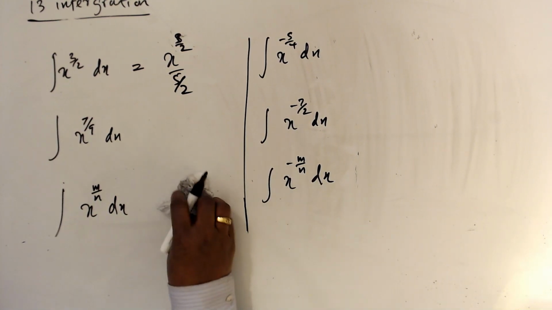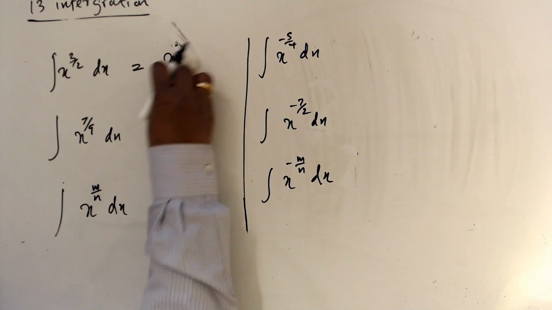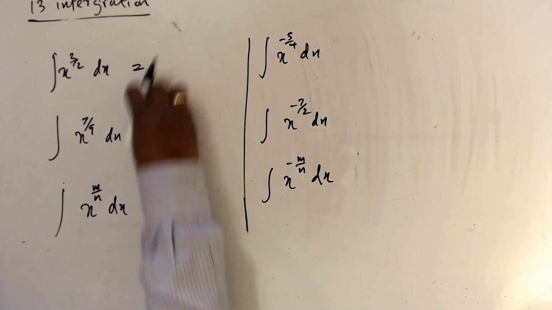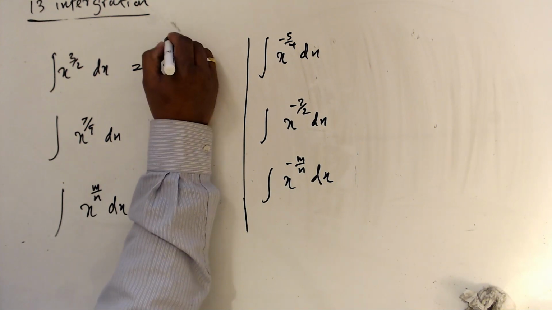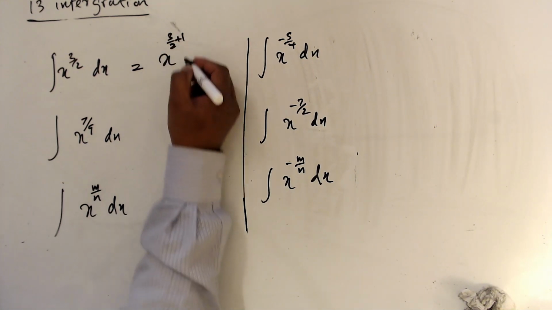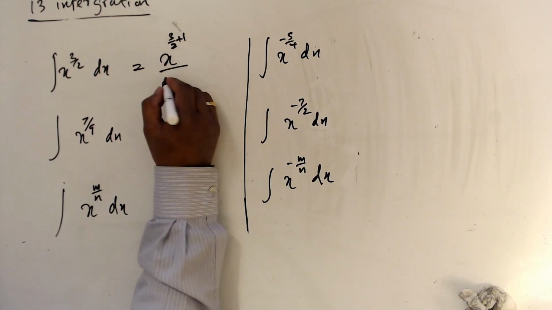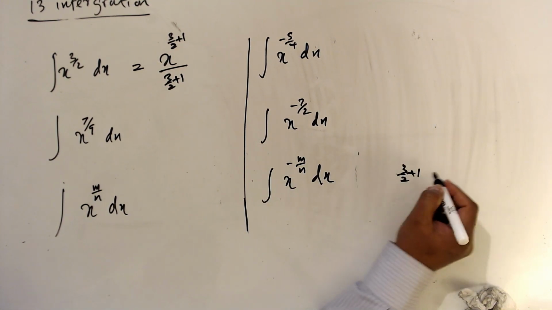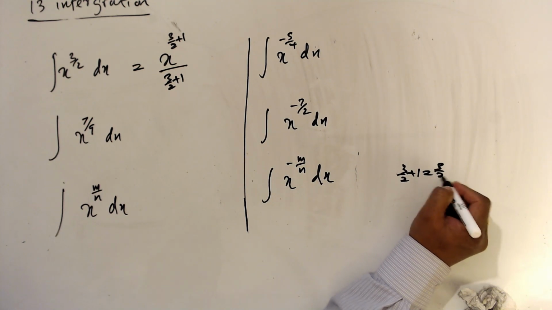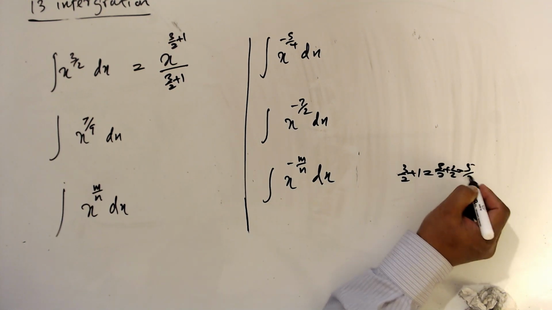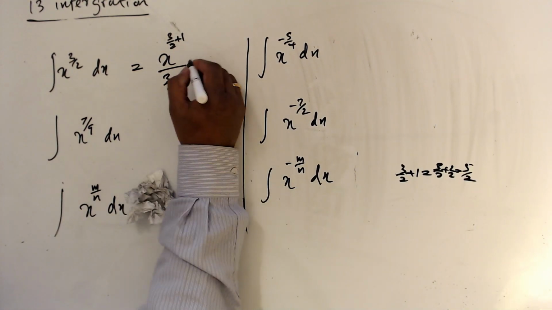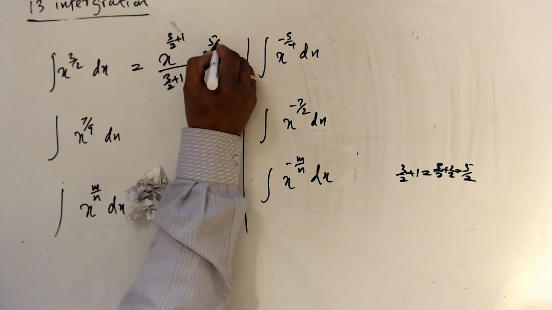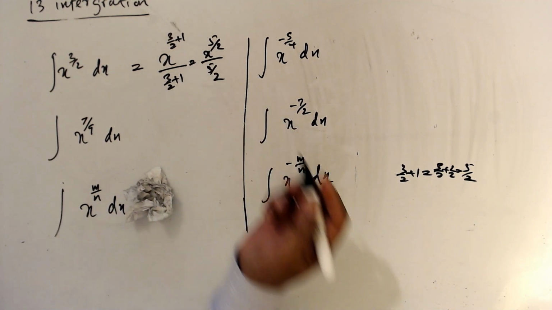How did I do this one? x^(3/2 plus 1) divided by 3 over 2 plus 1. What is 3 over 2 plus 1? This is 3 plus 2 over 2, 5 over 2. So basically this is x^(5/2) divided by 5 over 2.